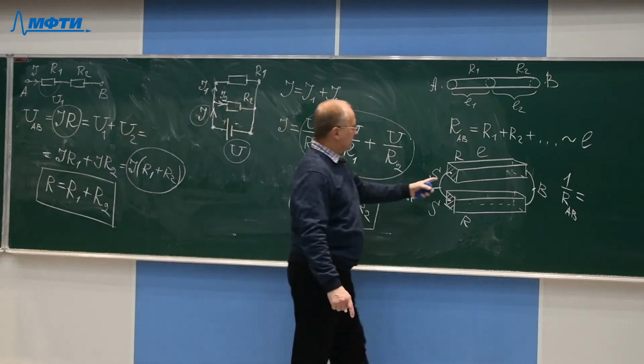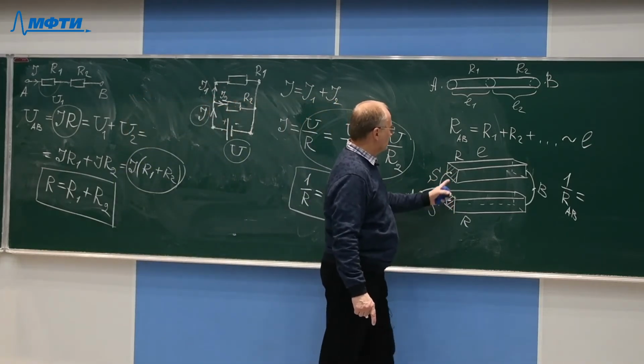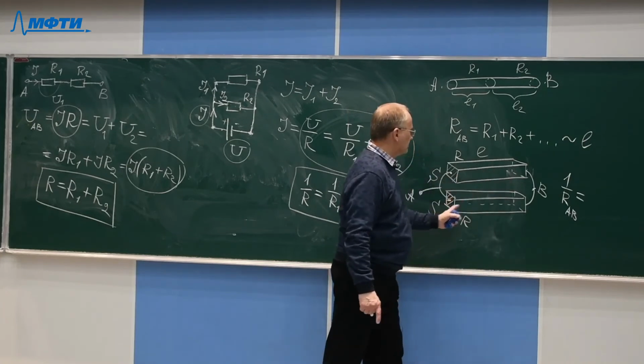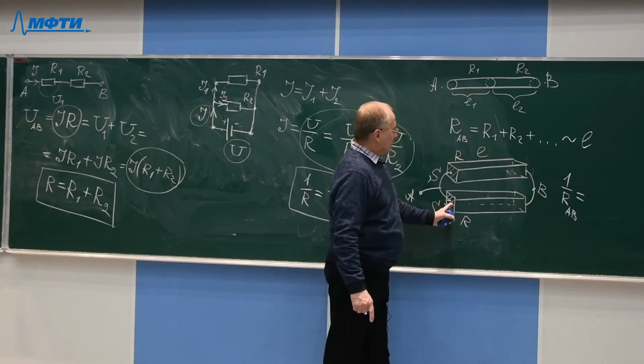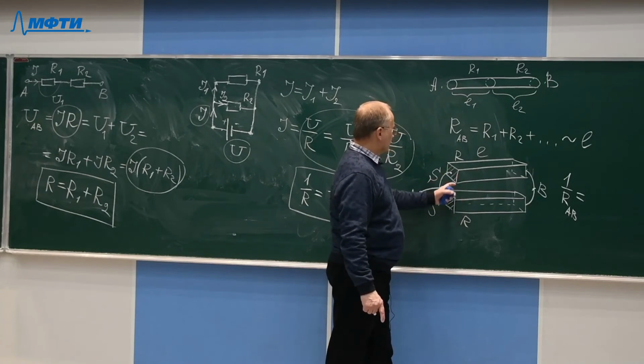But in this case, I consider the two resistances made up of pieces of wire, identical pieces of wire which have identical cross-section.